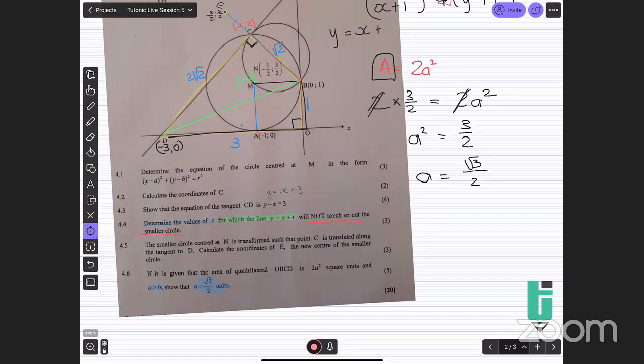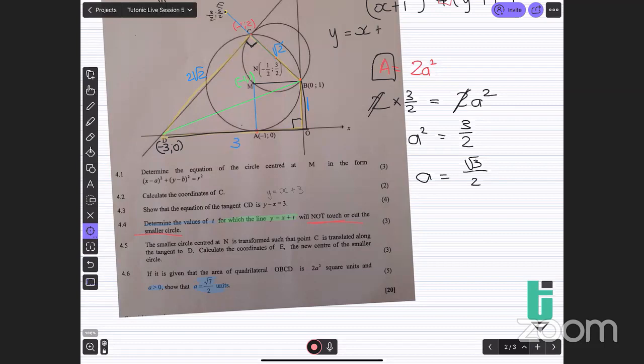Okay. Anybody else see a mistake possibly? Otherwise, the question could be wrong also. We don't know. I also got root 6 over 2, so I don't know. Let's just double check ourselves on the outside.